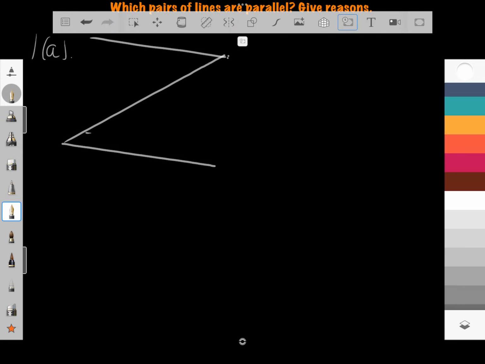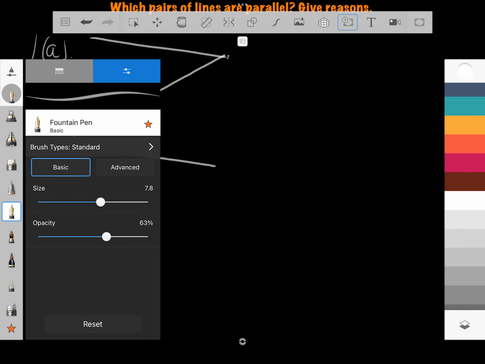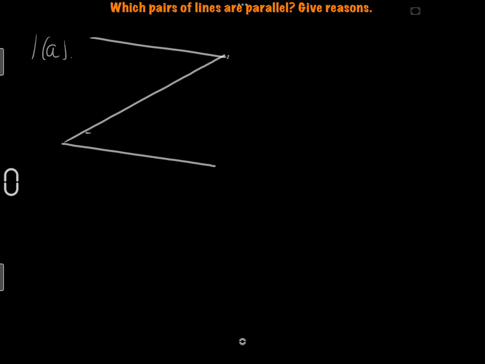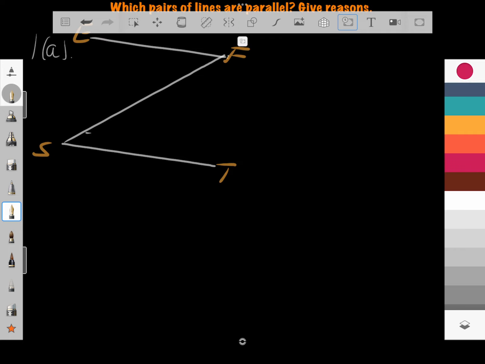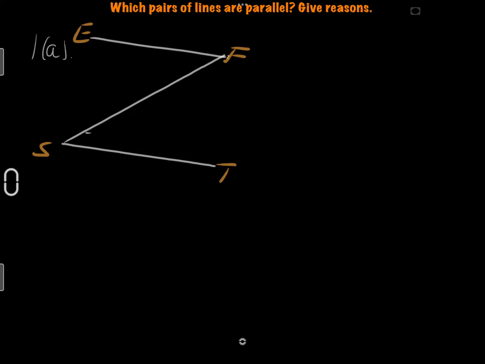And then you're given the lines: line EF and line ST. Equally, you're given the following parameters. You're told that this angle here is 41 degrees, and you're also told that this other angle is a 41 degree angle.